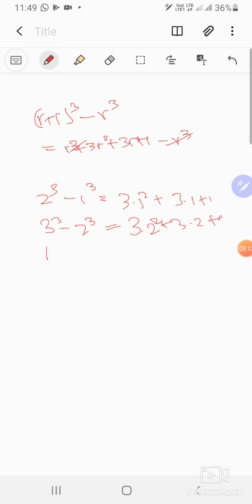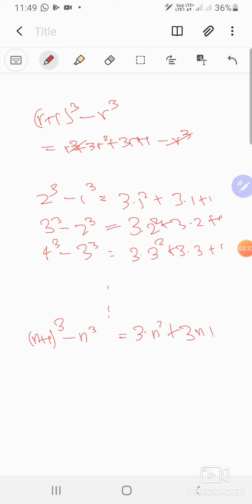Then 4 cubed minus 3 cubed equals 3 times 3 squared plus 3 times 3 plus 1, and this keeps on going like that till you eventually have n plus 1 cubed minus n cubed equals 3 into n squared plus 3n plus 1.